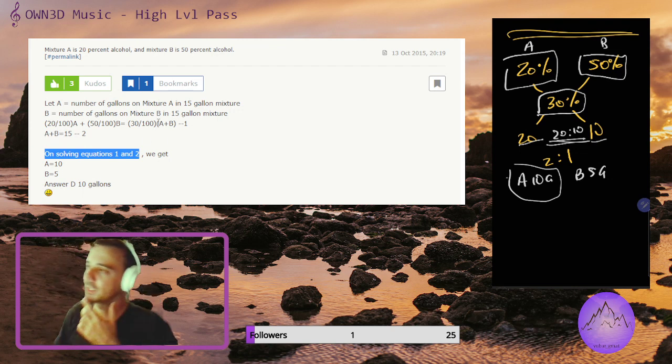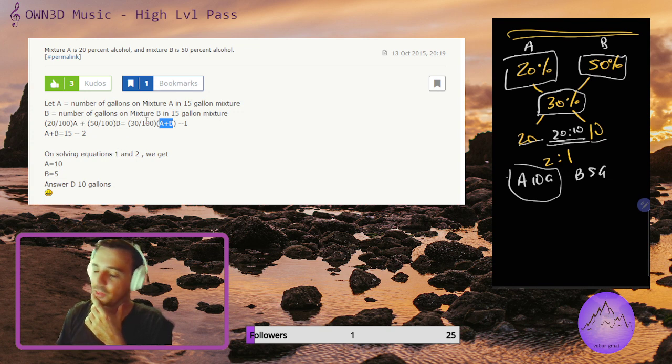All right, so that number equals 15. So 30% of 15 would be 4.5. So this side of the equation equals 4.5. 4.5 equals half of B plus 0.2 of A.